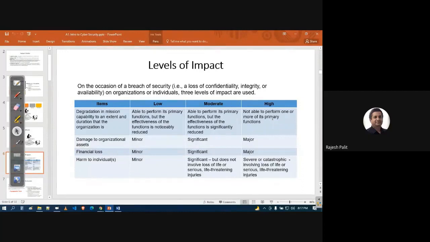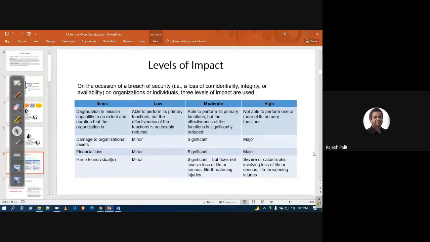For example, say Facebook was down for certain hours, or if bank operations stopped for certain hours, then there is a huge financial impact. Then damage to organizational assets: minor is low impact, significant is moderate, and major is high.